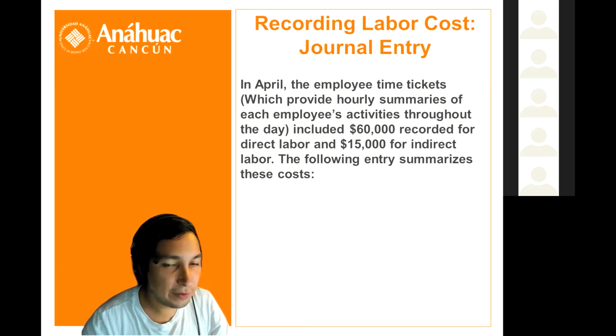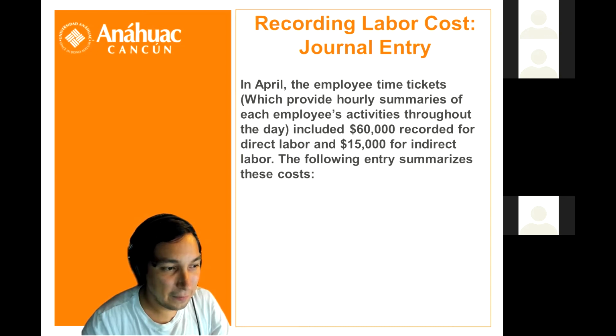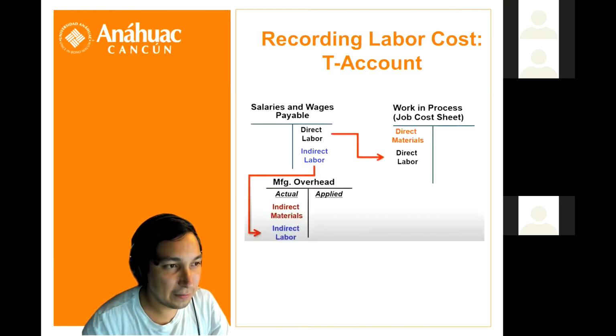So what do you think is the recording entry? Who can tell me? Is it salaries and wages payable? Salaries and wages would be what part? The debit part or the credit part? Credit. Why the credit? Remember, this is a liability.